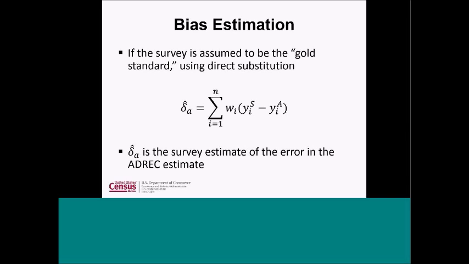The W is the sampling weight from the survey, the Y_iS is the value you got from the survey, and the Y_iA is the value you get from the administrative record. So this gives you a direct estimate from the survey of that error in the administrative records.